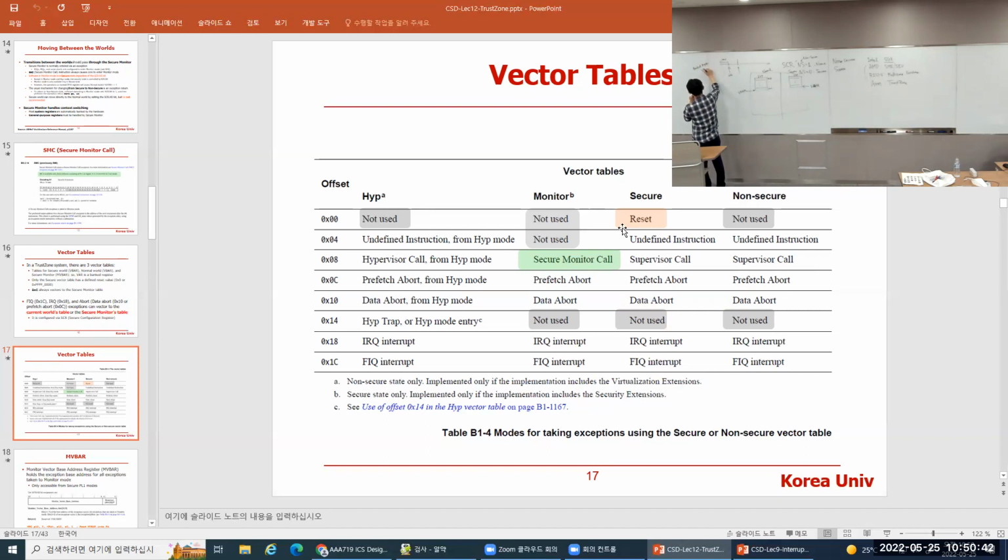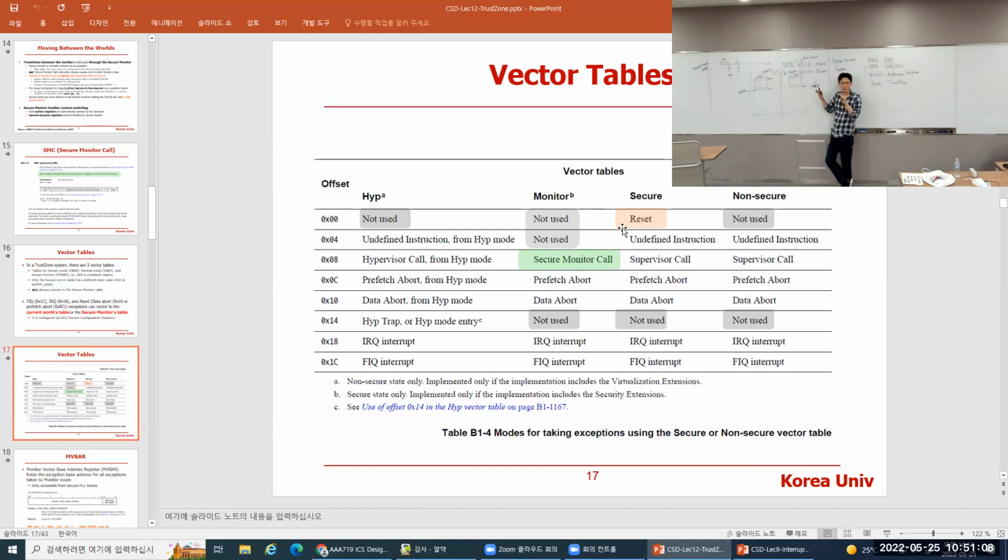So VBAR is banked. Banked means physically separate register. If you switch from normal world to secure world and use the MCR instruction, you can touch this VBAR. If you change back to normal world, then using the MCR instruction, you are touching this VBAR register. So banked register.